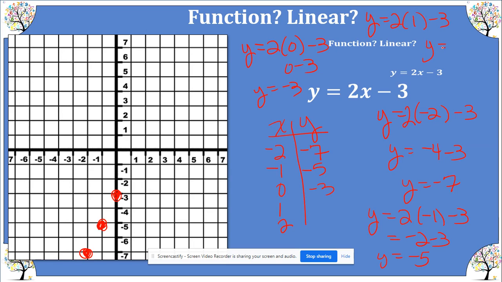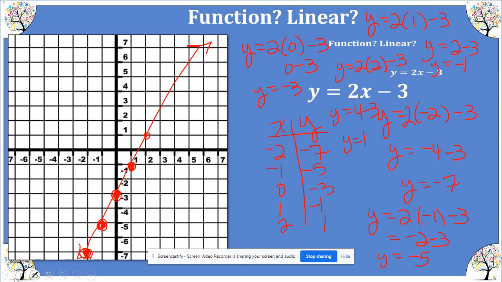That gives me y equals 2 minus 3, and the y value is -1. So we have 1, comma, -1. And then we put in 2 for x. We get y equals 4 minus 3, and y equals 1. So 2, comma, 1. And we can see what the graph looks like.